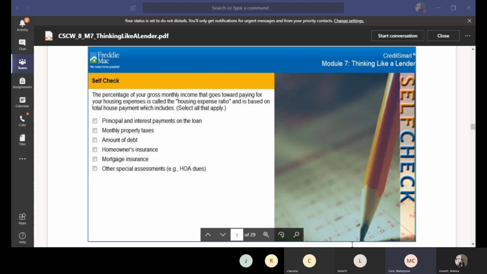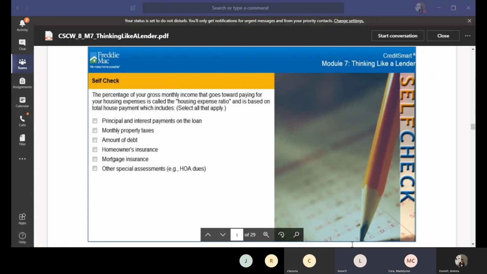Other special assessments. What do you think? So HOA, just as a side note, is your homeowners association dues. Sometimes when you live in a fancy neighborhood, you'll have homeowners association dues. Yes or no? Doesn't it depend on where you live?